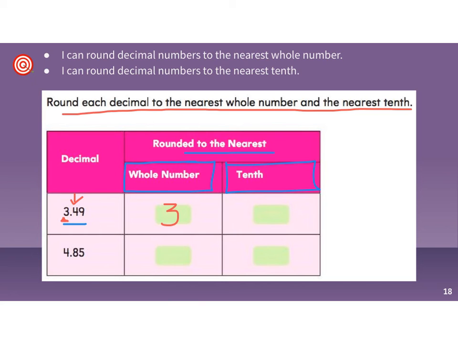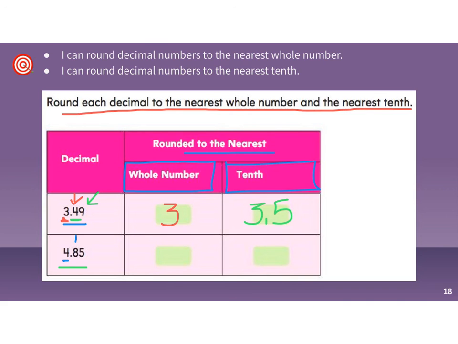But rounding to the nearest tenth, that means I'm going to look at the tenths place and then one place to the right. Now that is 5 or higher. So rounded to the nearest tenth, I would say is 3 and 5/10. Do the same with 4 and 85 hundredths. Round to the nearest whole number and the nearest tenth, and then come back and check.